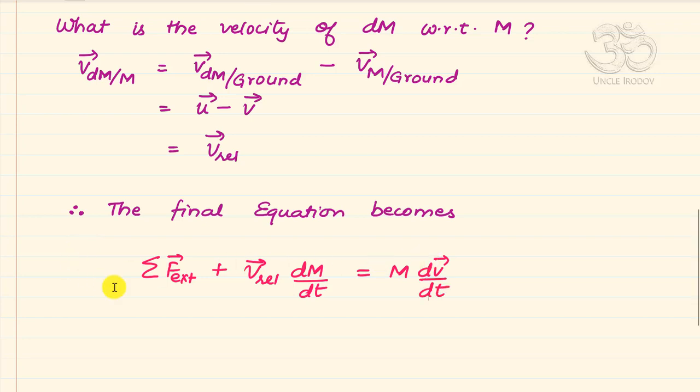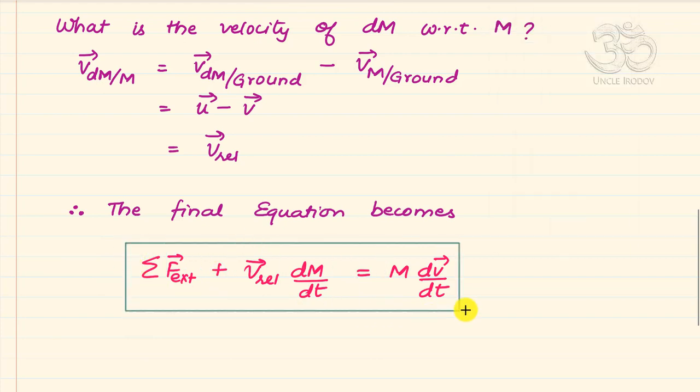And this is the equation that we are going to use. So let me box it also. Let me put a box around this equation and then explain to you the various terms.